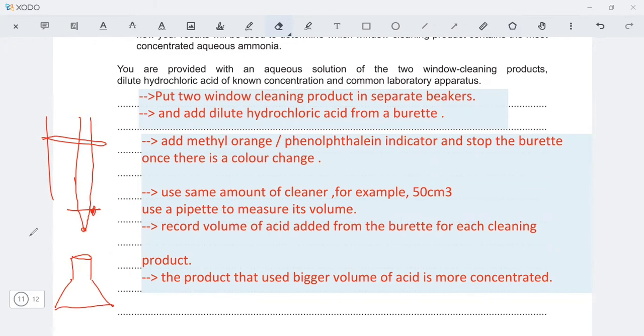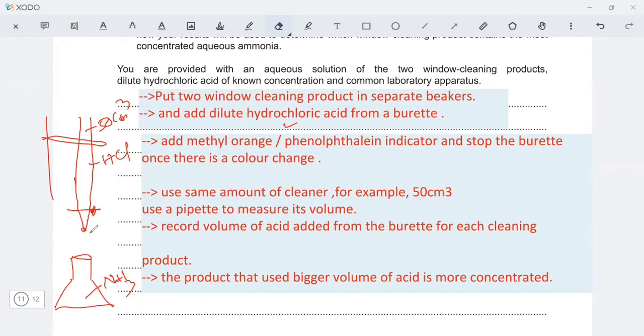By means of a pipette you have to measure the volumes. In the burette you can take hydrochloric acid, or the cleaning product, that is the ammonia solution, you can take it. And moreover we need to take indicators such as methyl orange or phenolphthalein. That's up to you. So that's going to be the titration process.